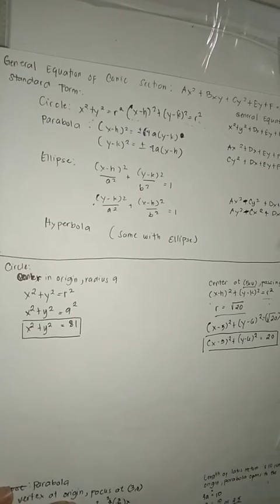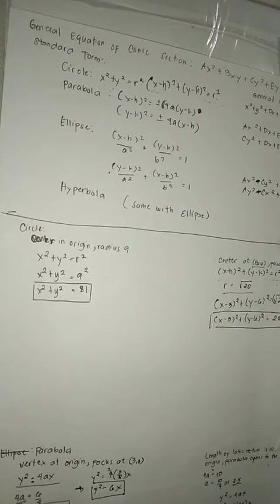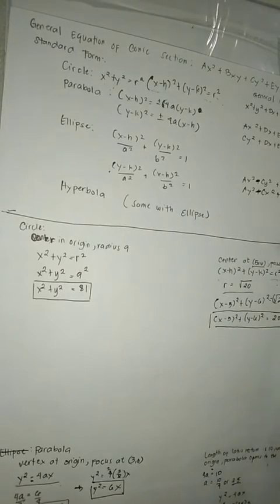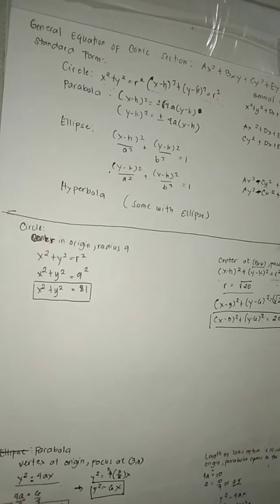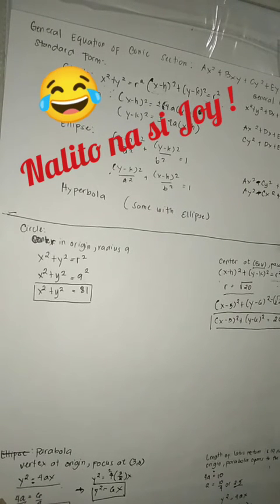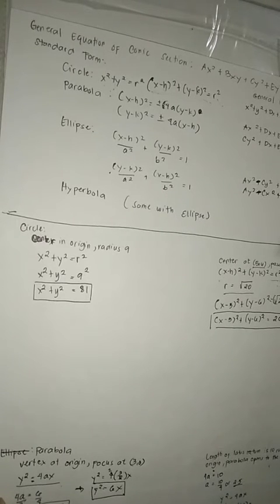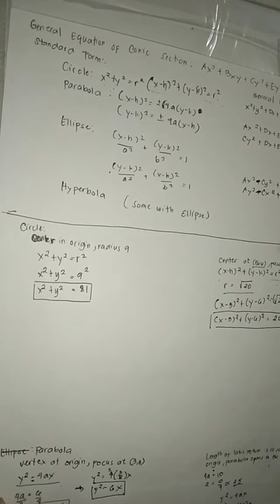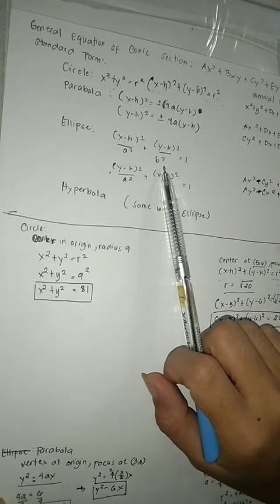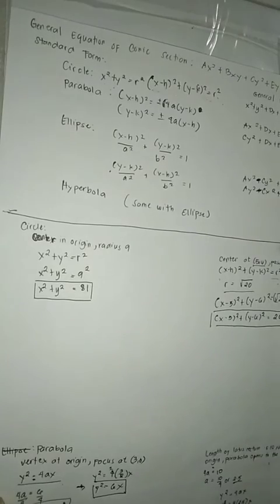And by the way, the length of a is the semi-major axis, and b is the semi-minor axis.